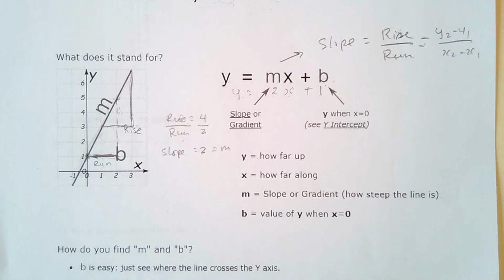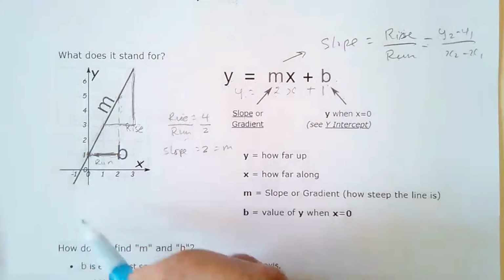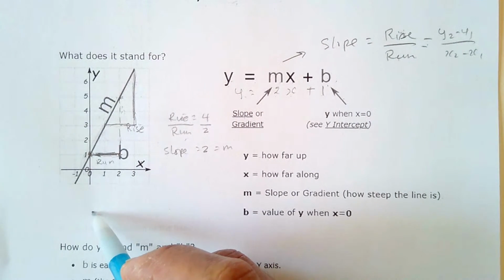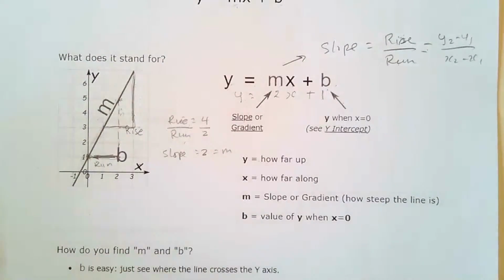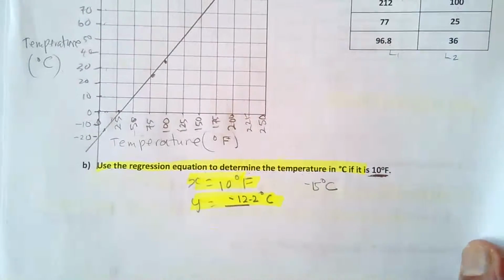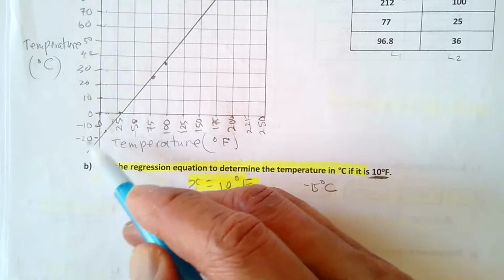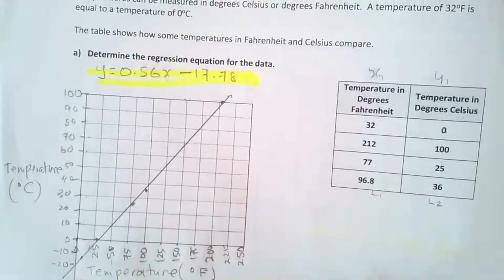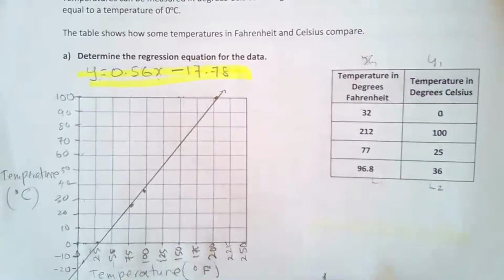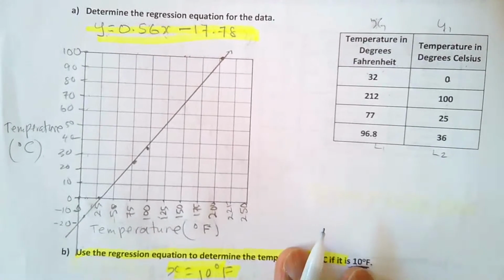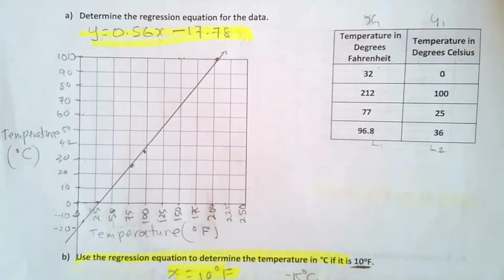In a couple of examples we couldn't find the y-intercept because it's way below, which may be -100, -20, -30. One example where we had to extend our y-axis to negative was the question using temperature Fahrenheit and Celsius comparison.